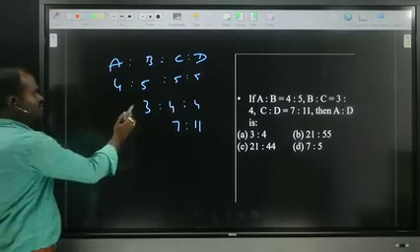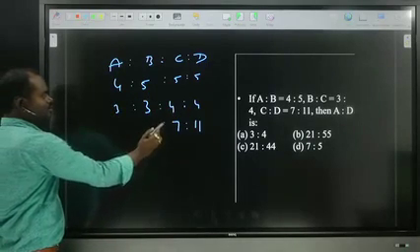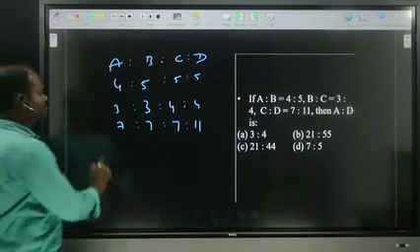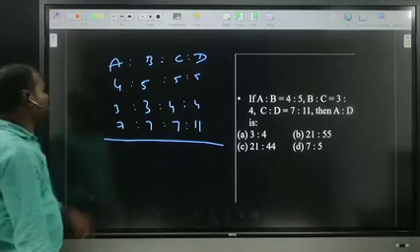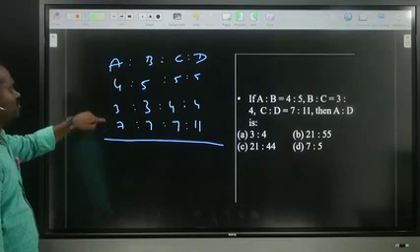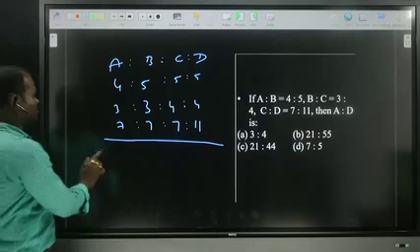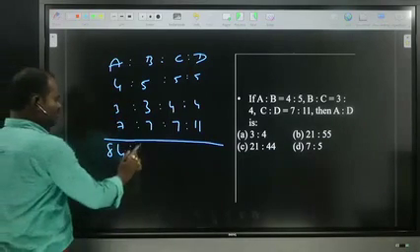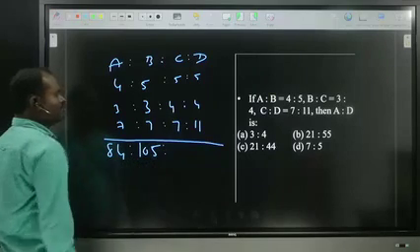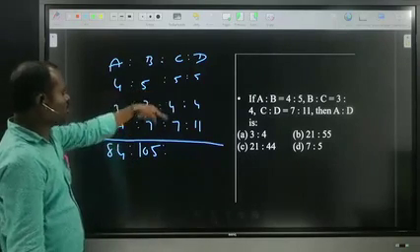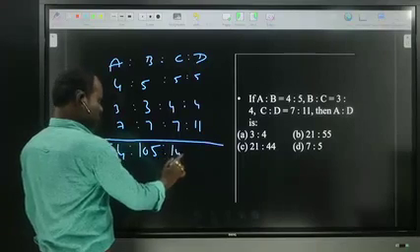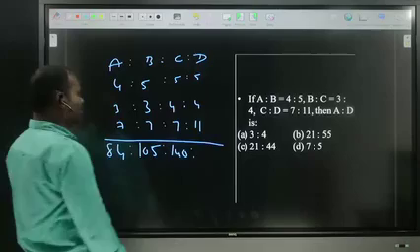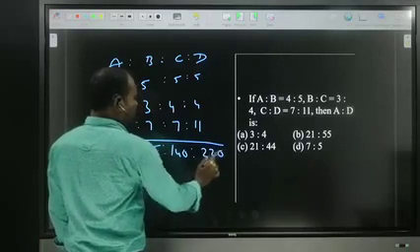Now here 3 is there, take the 3. 7 is there, take the 7. Is it clear? Now multiply. 7 threes are 21, into 4, 84. 7 threes are 21, into 5, 105. 7 fours are 28, into 5 is 140. 20 into 11 is 220.